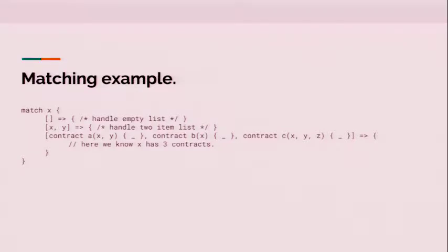So, and then this one is an interesting example. You can expect a list of 3 contracts. So you can use this to do things like, well, I'm expecting some API, and you have to give me code that matches the API.